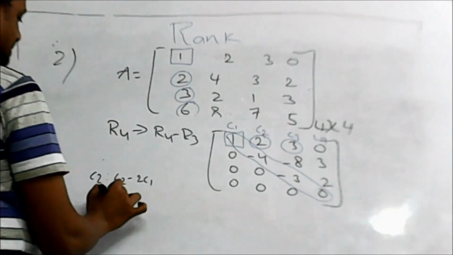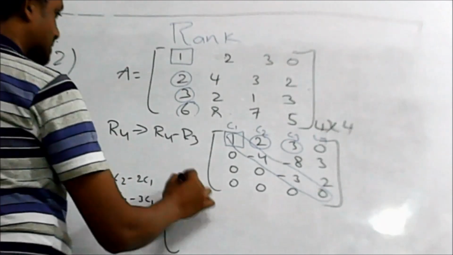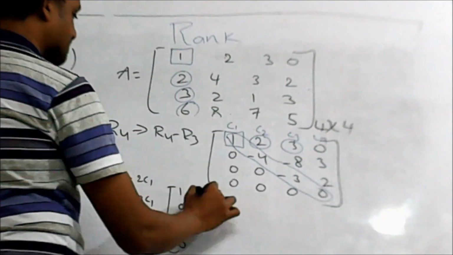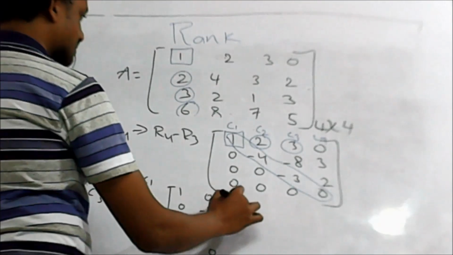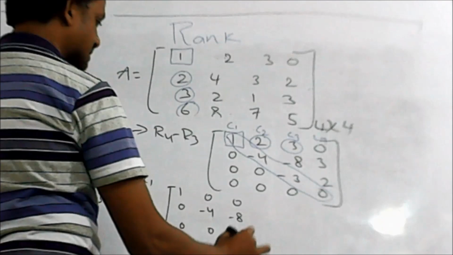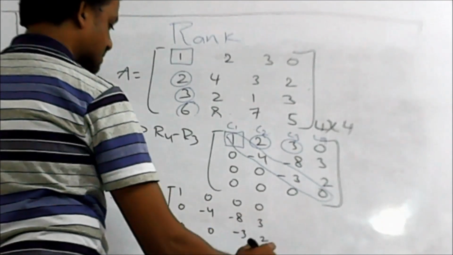C3 minus 3C1. So you need to write the first column first. Then the second column 2 times means 0, minus 4, 0, 0. So 3 times means 0, minus 8, minus 3, 0, here 0, 3, 2, 0.